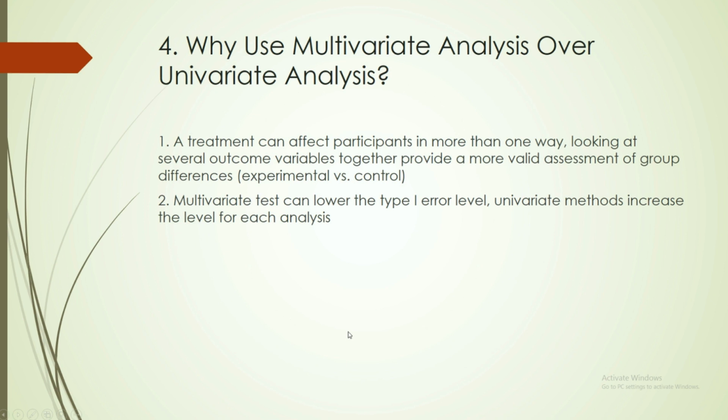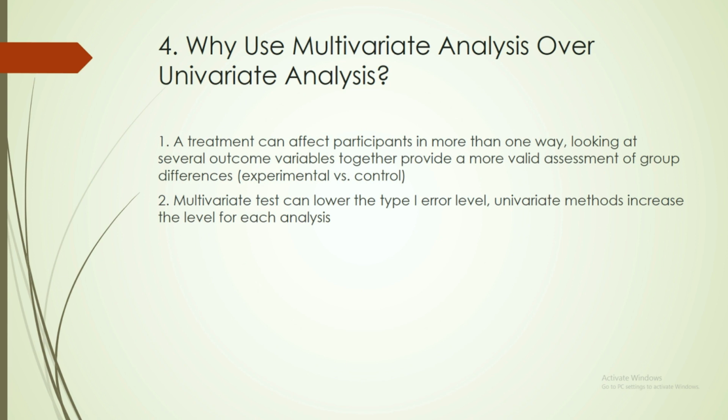Okay, so now that we are done with our demonstration, some of you might ask me, why is it that we should choose multivariate analysis over univariate analysis? Because for multivariate analysis, we are trying to compare the means of several variables between two groups at the same time.